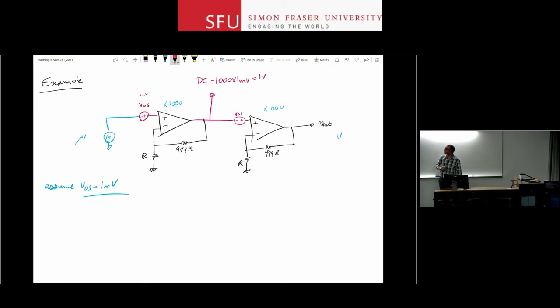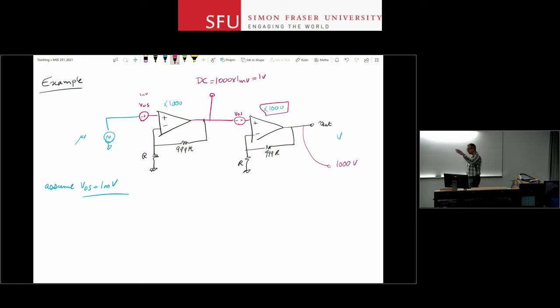A DC voltage as much as 1 volt at the output of the first stage. Well, that's bad news for the second stage, because this guy also has a gain of 1,000. So it is faithful, it looks at the signal, it is a 1 volt signal. To the second op-amp, it's a signal, right? It doesn't know that it's an offset voltage and it should be discarded. It goes and tries to make 1,000 volts at the output of the second op-amp.